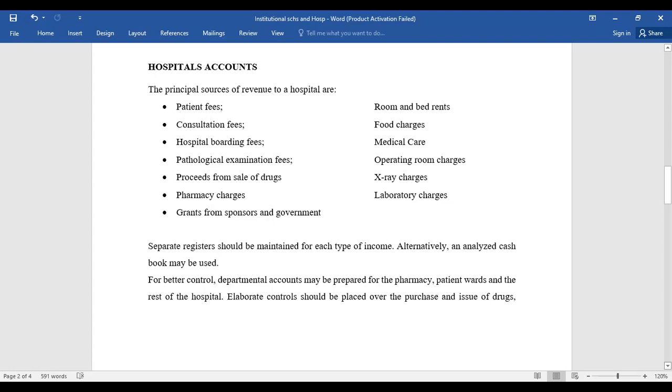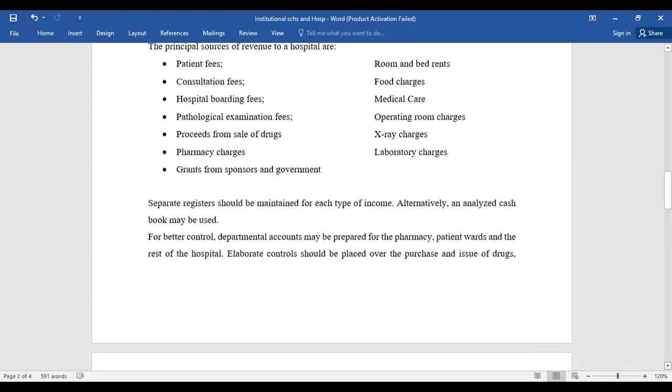So for better control, the departmental accounts need to be prepared separately. So each head of the center is supposed to track or control the expenditure items.